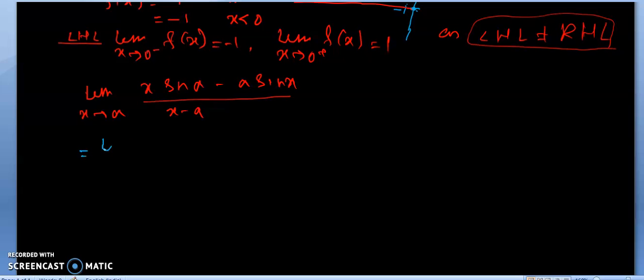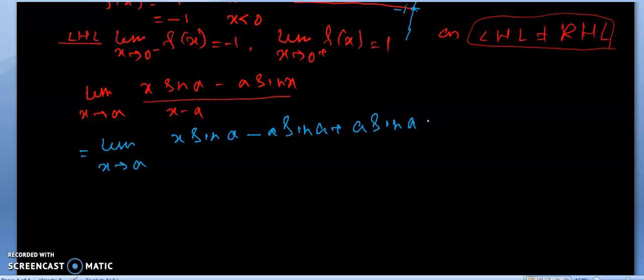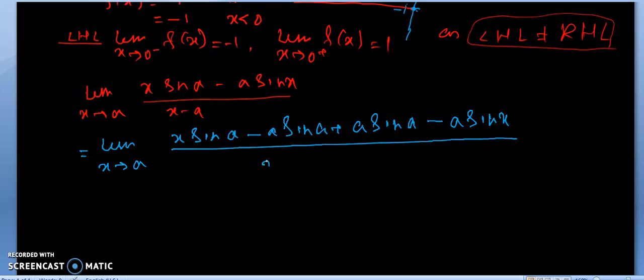At first, limit as x tends to a of x sin a minus a sin a plus a sin a minus a sin x over x minus a.